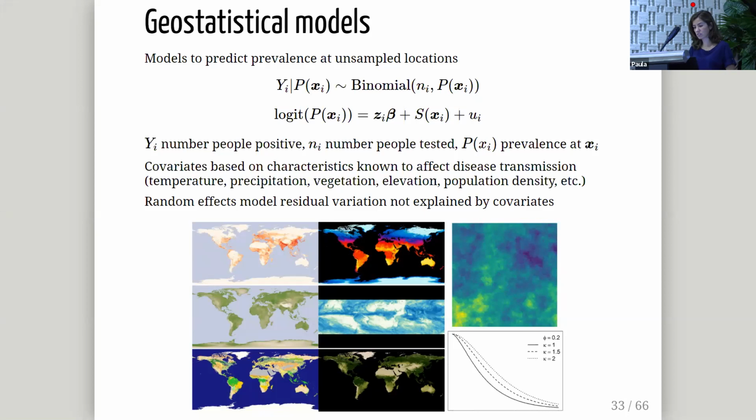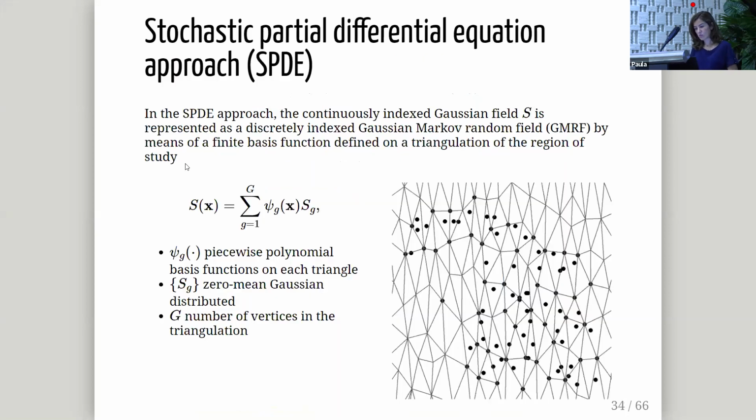have different risks. So to fit this type of models, we use the stochastic partial differential equation approach, or SPDE, and this is implemented in INLA. So we have a continuous Gaussian random process, like a continuous surface.